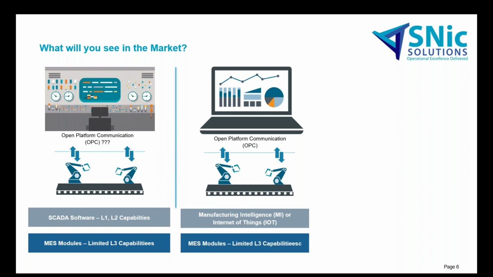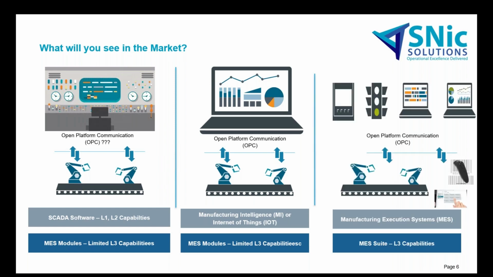So these also basically have MES modules as add-ons, but again, they would be limited in terms of the L3 capabilities. And then the third area where what you would see is the actual manufacturing execution systems, which are enterprise level or enterprise grade MES systems.